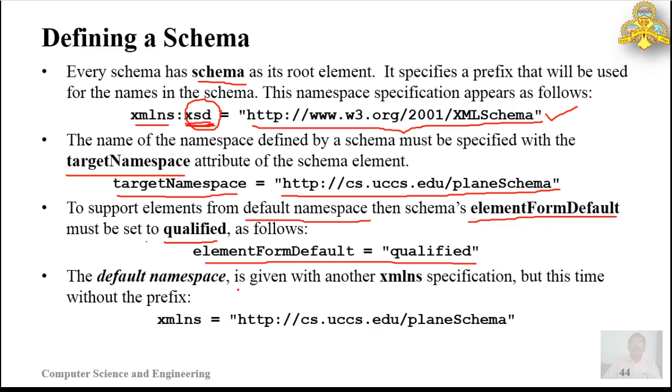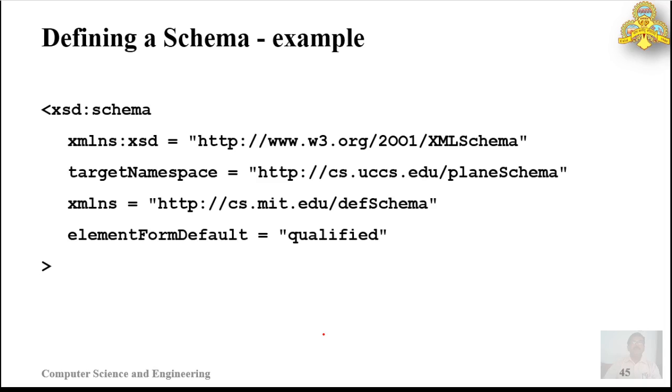And if I want to provide a default namespace without any prefix, we can give it like this also. Observe that in this example, the target namespace and default namespace are the same. They need not be the same, they can be different also. Let's go for the example. So here XSD is the prefix that we are defining to prefix our elements, and this is the schema.